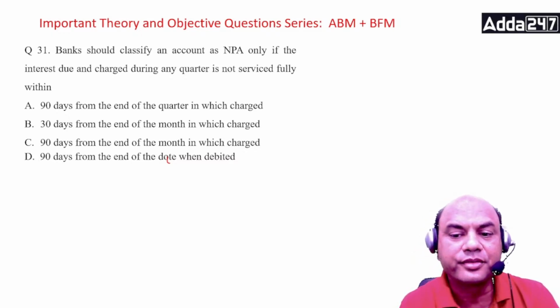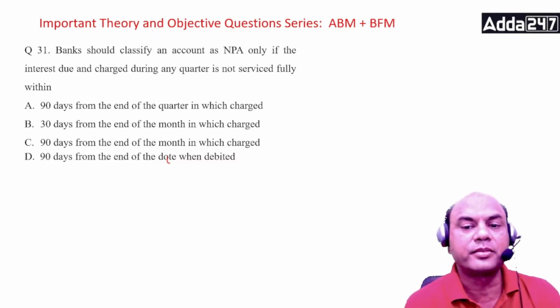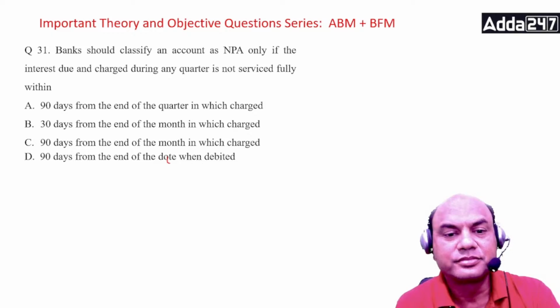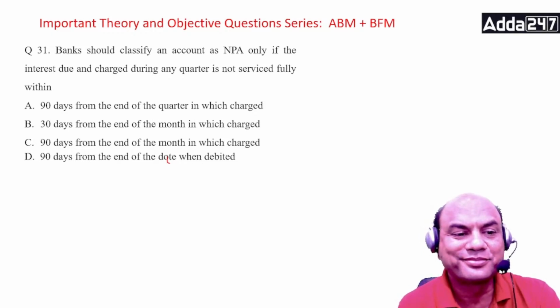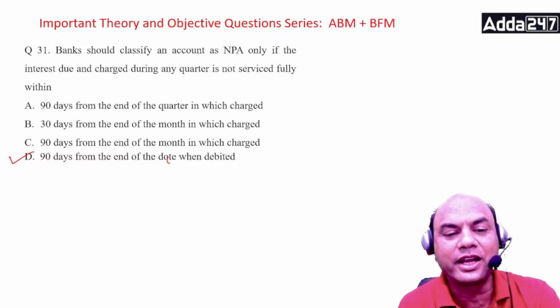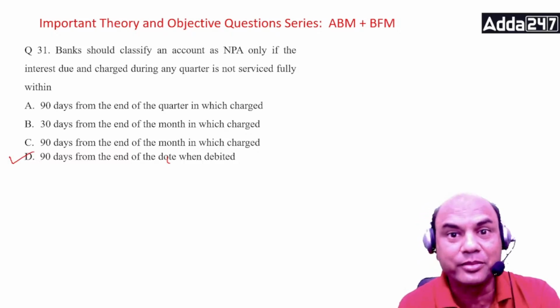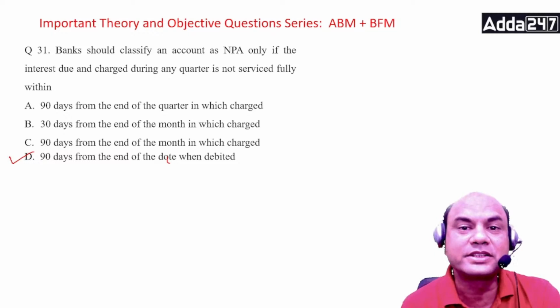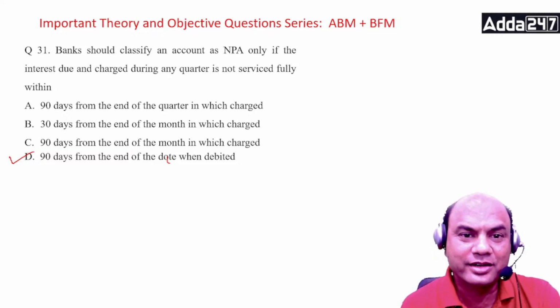Everyone answer in the comment section. The answer is D: 90 days from the end of the date on which it is debited. This is very important, the date on which it is debited. Got it? Next one.